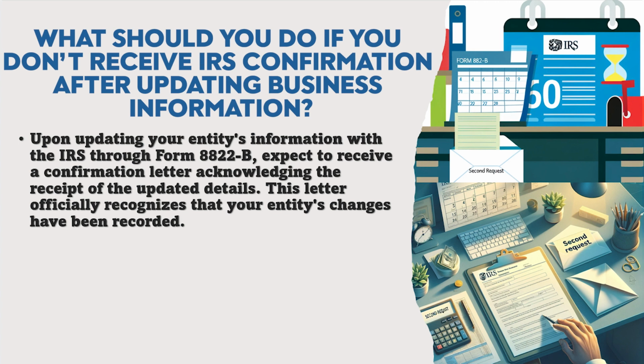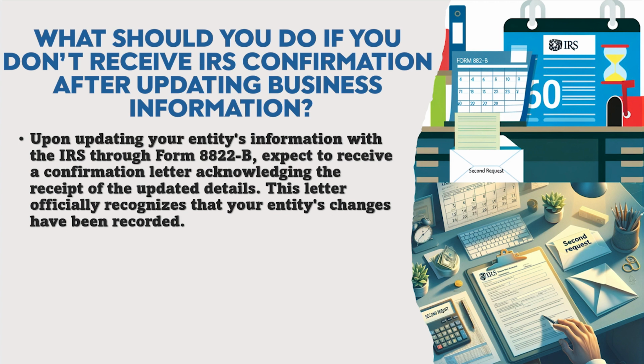I don't know if there's a glitch somewhere, but they don't send it. They are saying that they send it within 60 days. At least it's not very consistent. So if there's anyone listening to me from the IRS, maybe this should be very consistent, that once somebody sends in the 8822B, they should receive something within 60 days.